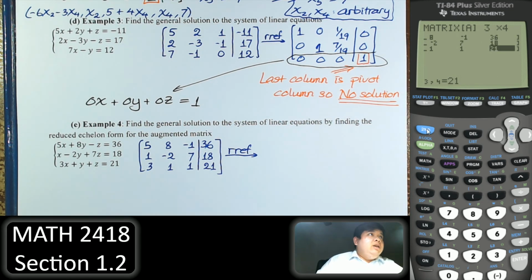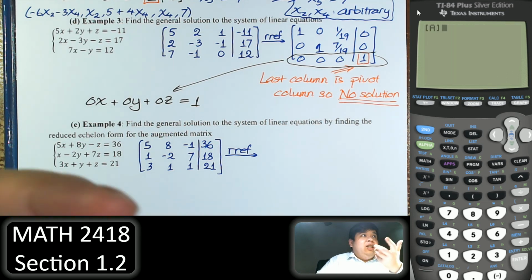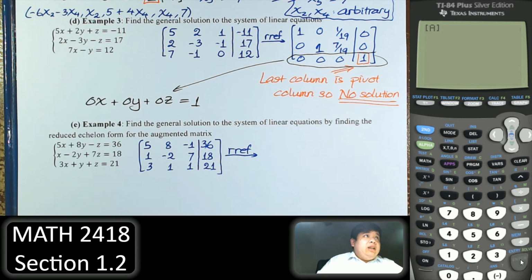Alright. Second mode, quit, when we're done entering the matrix. Now go back to matrix again. You see there's a 3 by 4 matrix. If it is under names, we can recall it. Like if I hit enter here, we have matrix A, and yeah, that's the matrix A. Now we will do reduced row echelon form.